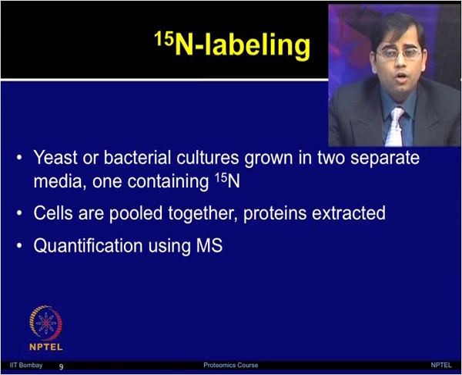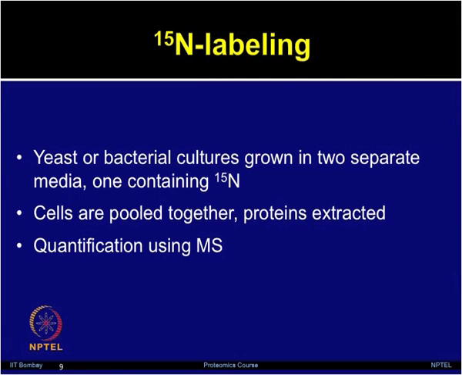So, yeast or bacterial cultures are grown in 2 separate media, one containing 15N, and the cells are pooled together. Proteins can be extracted from these pooled cells and quantified by using mass spec.